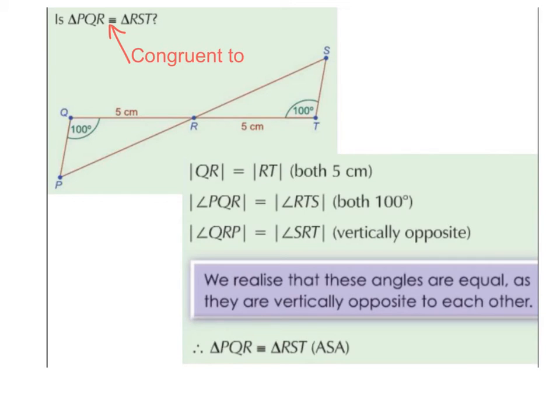So let's start off with the length of QR. QR is here, and it's labelled as 5 centimetres. And RT is here, also labelled as 5 centimetres. So we have an equal side. The length of QR is equal to the length of RT. They're both 5 centimetres, so we have a common side.